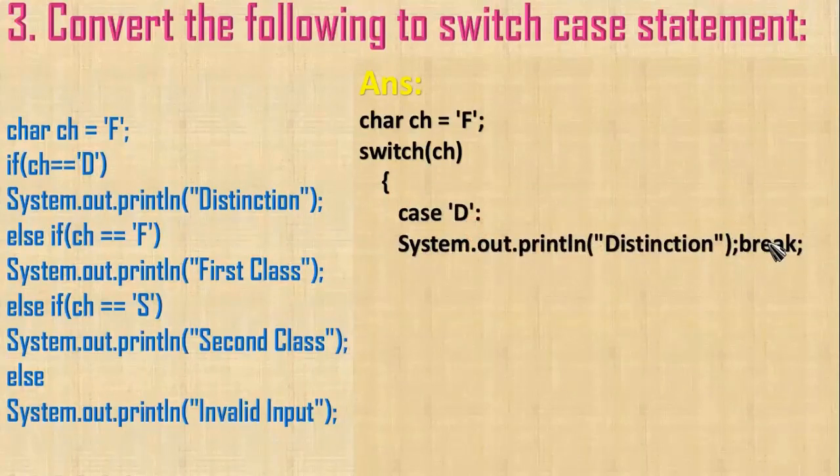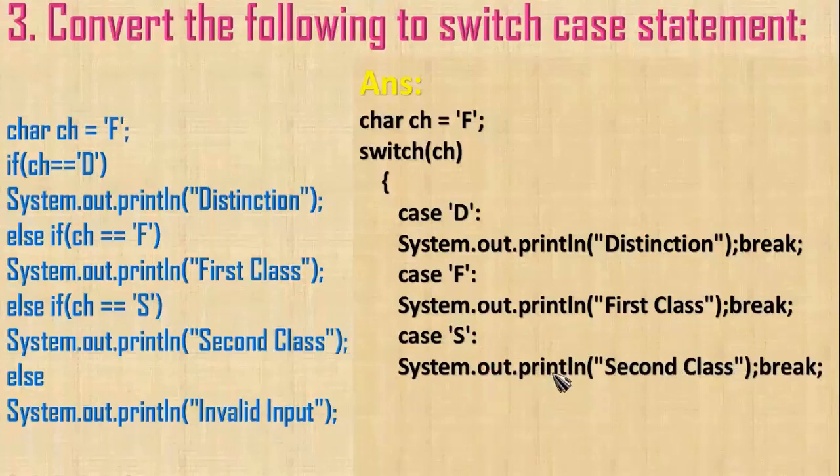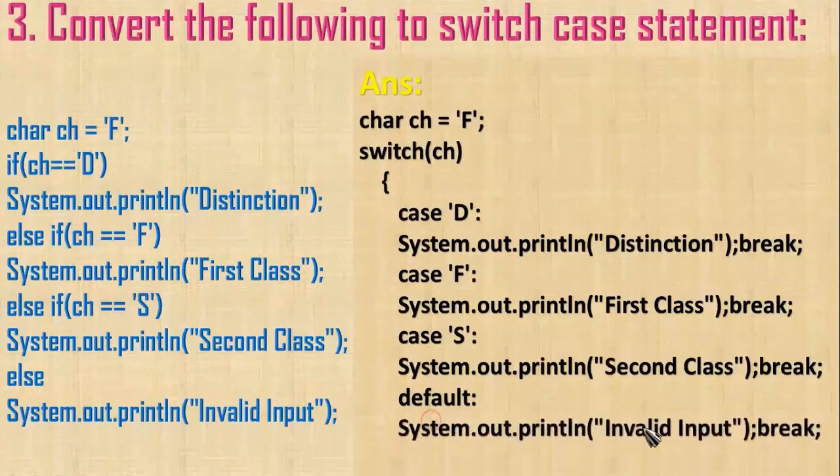And then we are supposed to give break, and then else if, that is again case F we are checking. Again printing statement, then break. Next, if it is S, the printing statement, break. Else will be default here, and then it will be invalid input and then break.